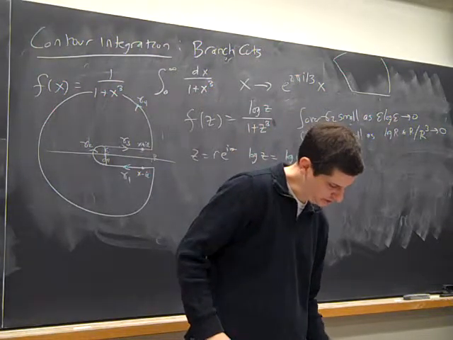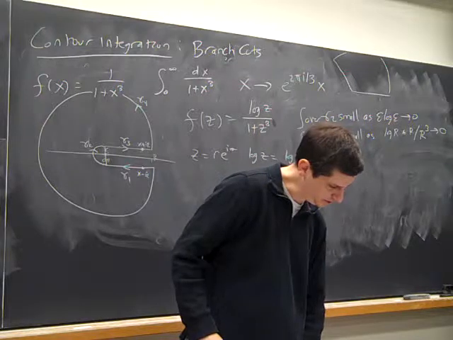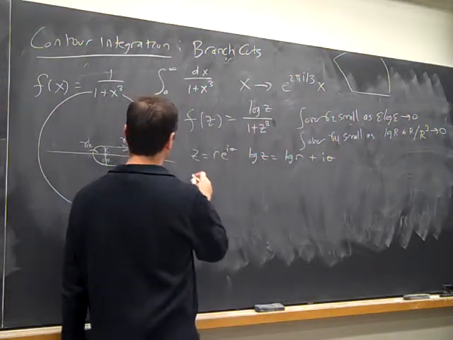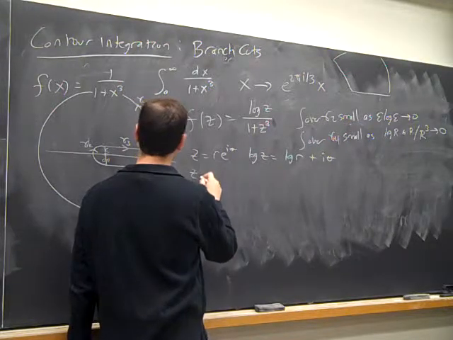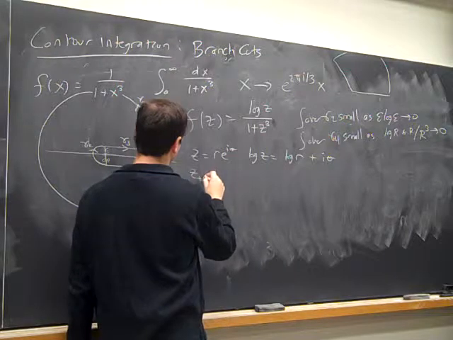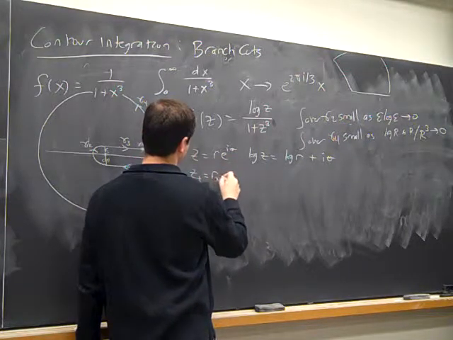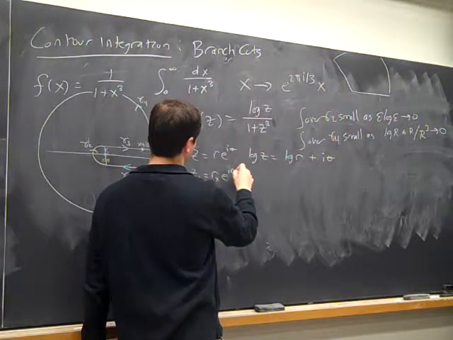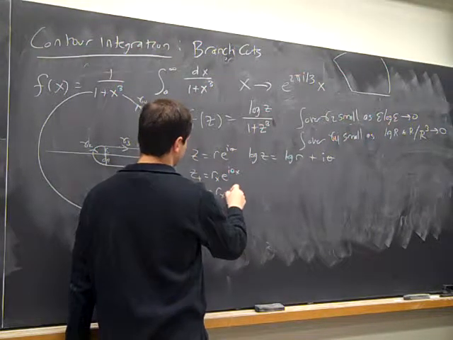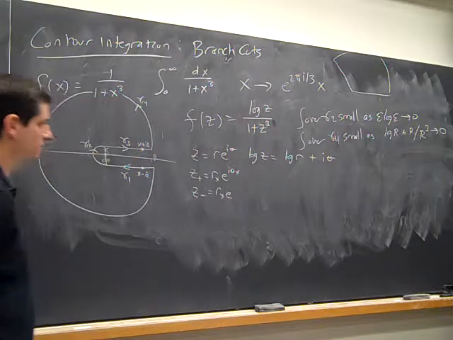I want to do this the exact same way I'm doing it in my notes to make it as easy as possible. All right. So we would get z plus would be rx e to the I theta x, and z minus would be rx e to the, and what would its angle be?